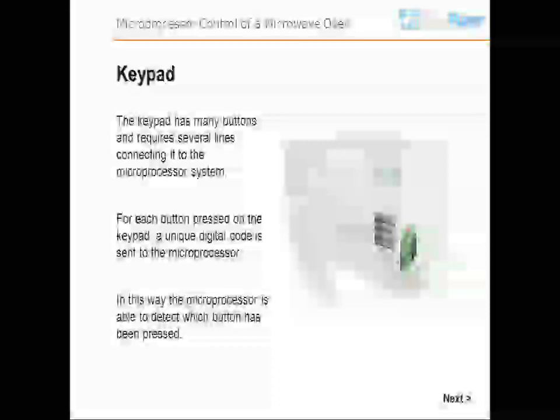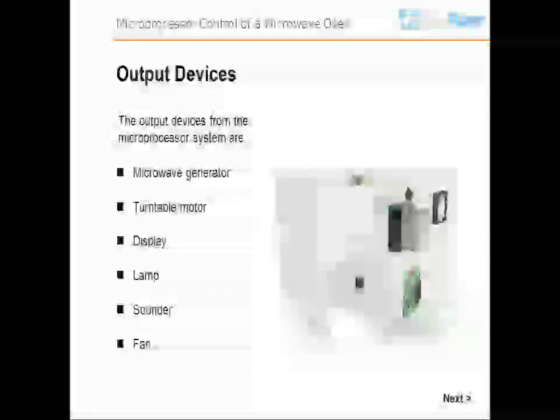Output devices. The output devices from the microprocessor system are the microwave generator, turntable motor, display, lamp, sounder, and fan.